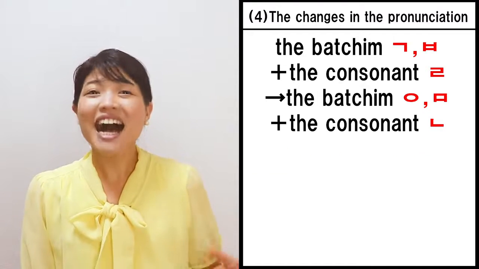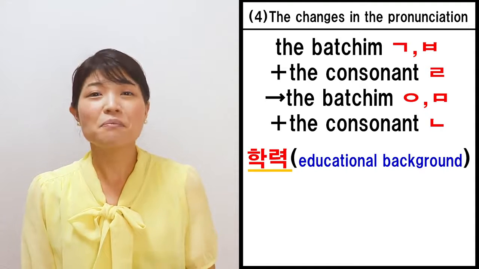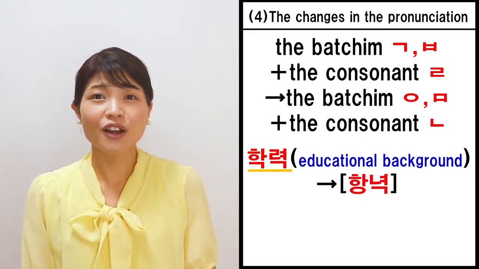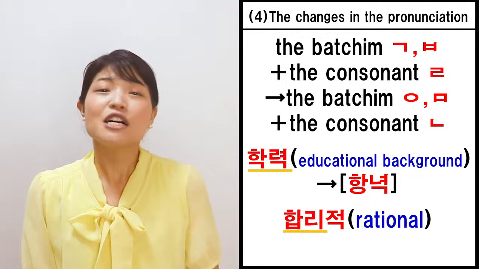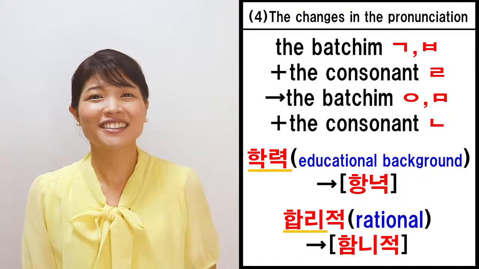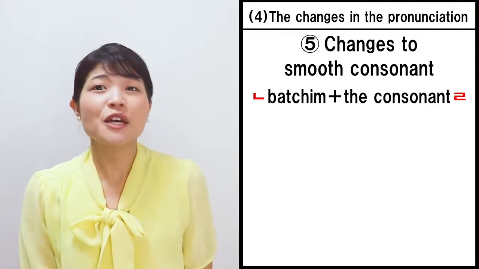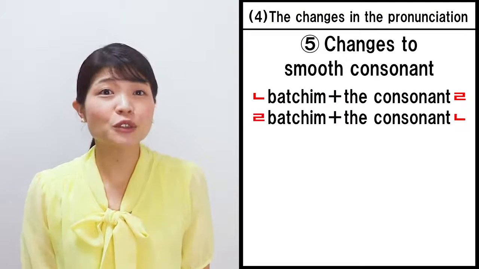For example, 학력, educational background, and 합리적, rational.